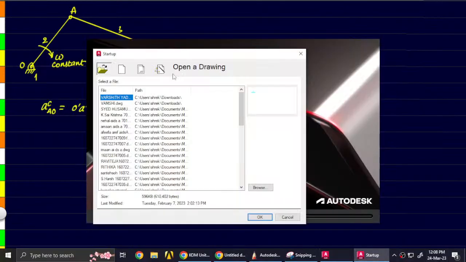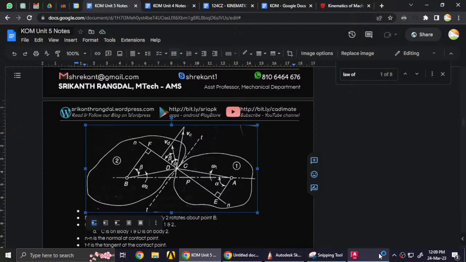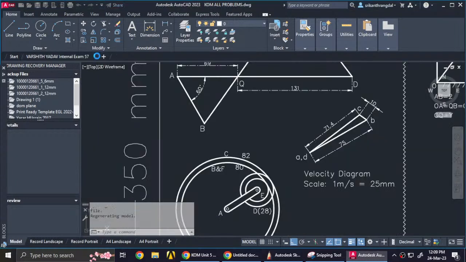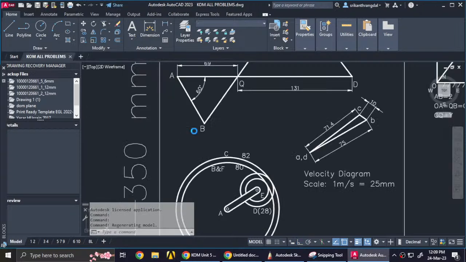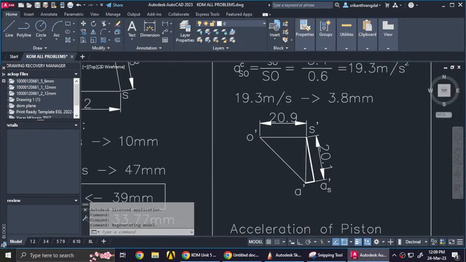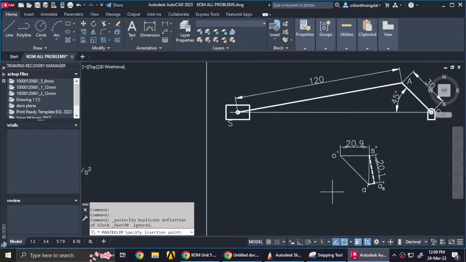Let's start it. You can see here an acceleration diagram has been given. Let's just keep the same thing over here.